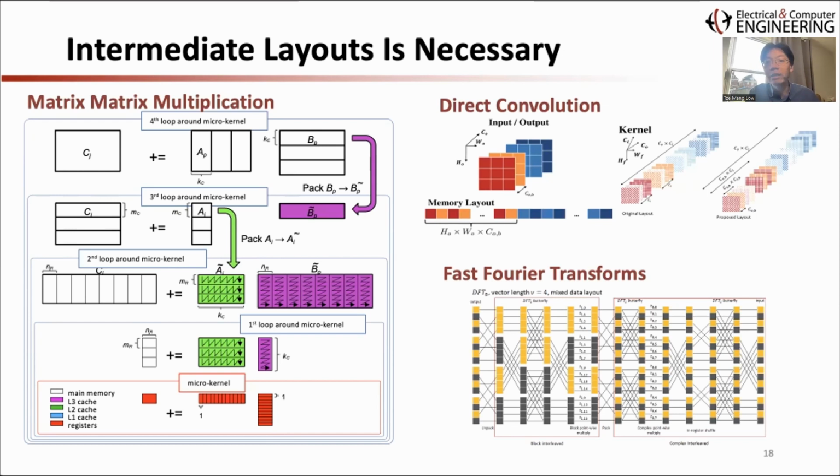We have some guarantee of where they are, right? And so in the past, we've not just done it for matrix multiply, but we've done it for FFTs and direct convolution, and they all use the same idea of this intermediate layout where we change the data layout that is unexposed to the end user, but it gives us good predictability and good cache locality so that we can move the data more efficiently.